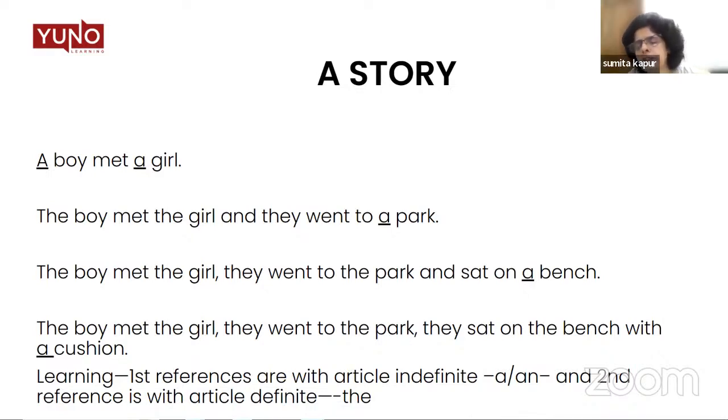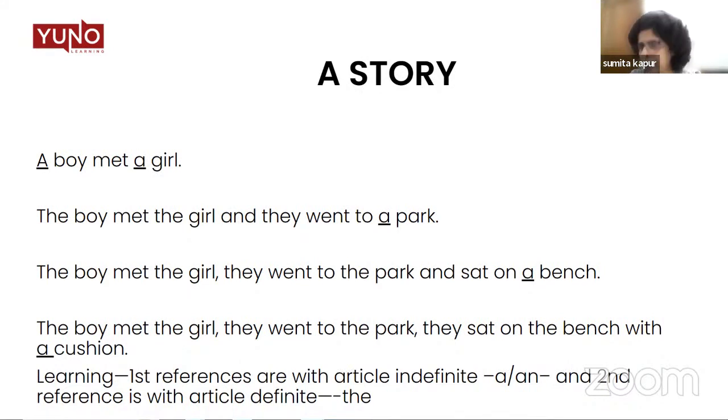So guys, notice one thing. What was the first sentence we had? A boy met a girl means it can be any boy, it can be any girl. We are not very specific. We are not even telling you the details. So here we use a, which is the indefinite article. A boy met a girl. Now in the second sentence, the boy met the girl means the boy and the girl of the previous sentence.